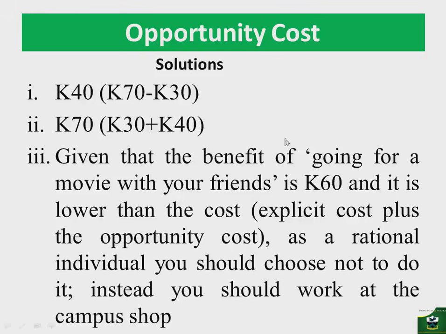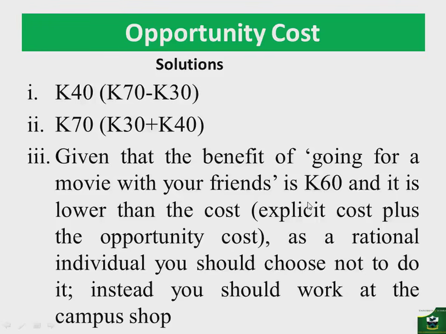This means that you are comparing your costs and your benefits. If your benefits are more than the cost, you take the action. But if your costs are more than the benefits, you don't take such an action. You leave that action out.